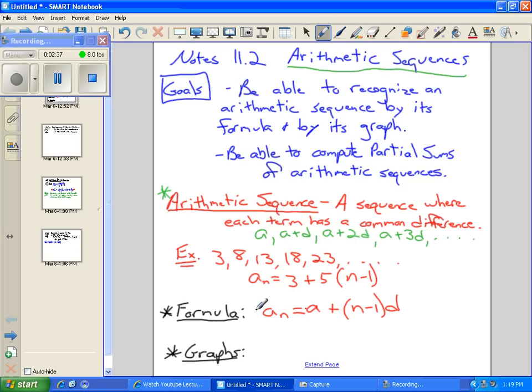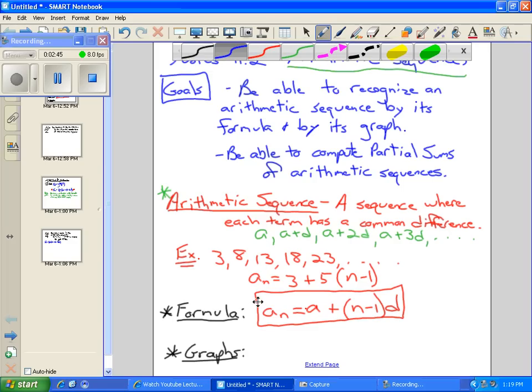Copy this formula down and understand it. If you see something that looks like this, that's an equation for an arithmetic sequence. You need to know what the first term is, and what the common difference is, or know some other information so you can at least solve for those.